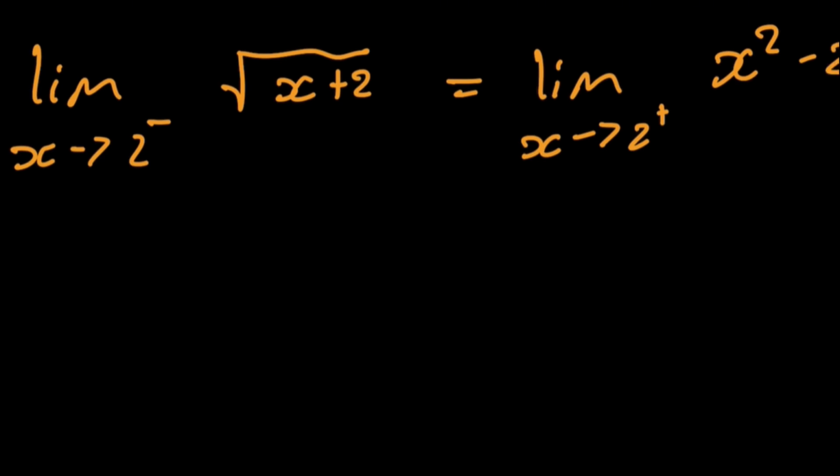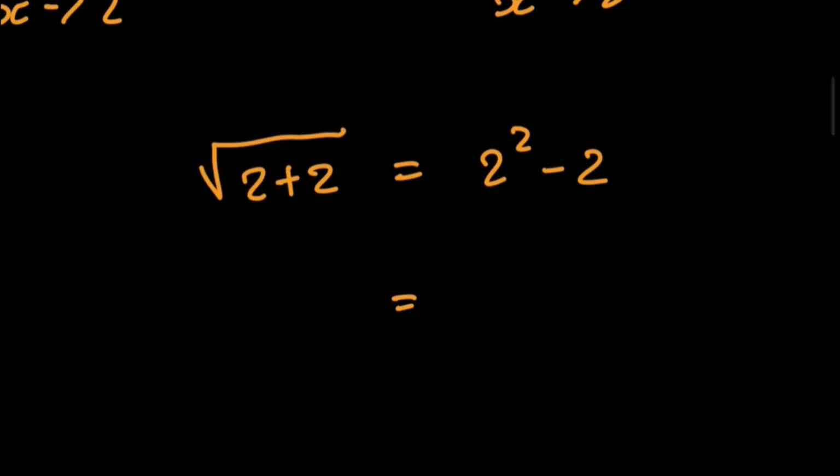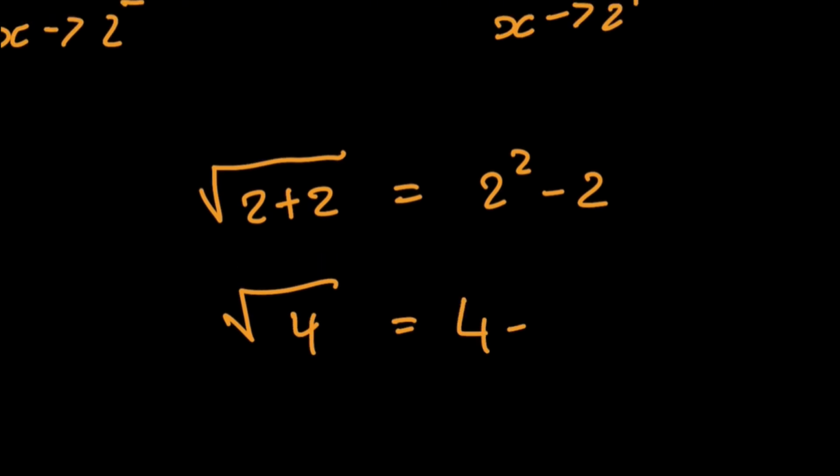So we can drop the limit as x approaches 2. Now we can just substitute 2 as x. Now this is going to be 2 plus 2 is equal to 2 squared minus 2. 2 plus 2 is 4. This is 4 minus 2.